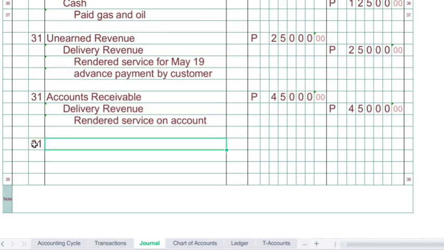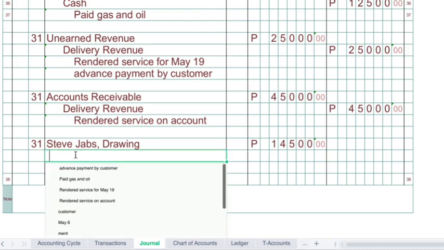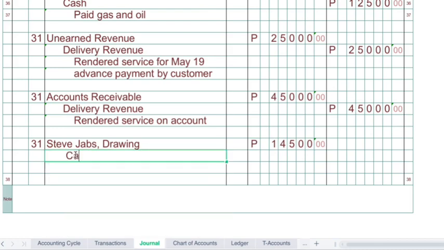So, we will debit Steve Jobs drawing, 14,500. Okay. And we will credit cash. Kasi, nabawasan ng pera ang company. Nag-withdraw si owner.